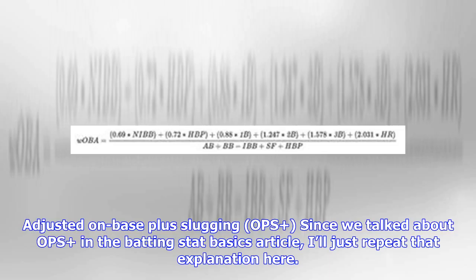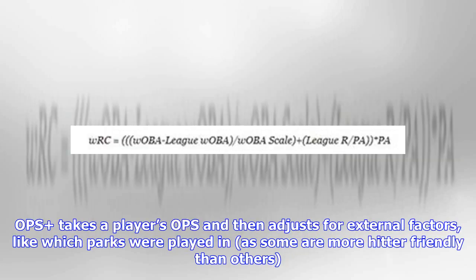Adjusted on base plus slugging, OPS+. Since we talked about OPS+ in the Batting Stat Basics article, I'll just repeat that explanation here. OPS+ takes a player's OPS and then adjusts for external factors, like which parks were played in, as some are more hitter-friendly than others.